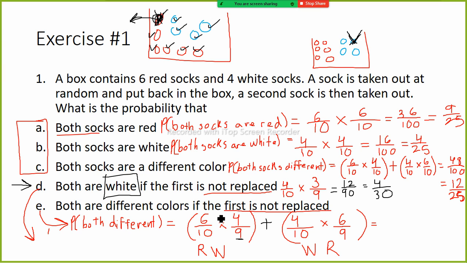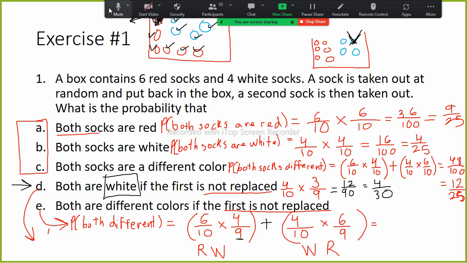Okay, so the 6 over 10, it's because you have 2 different color socks, which is red and white, and the red has 6 and the white has 4, which in total gives you 10. Why do we have the 6/10, Sierra?